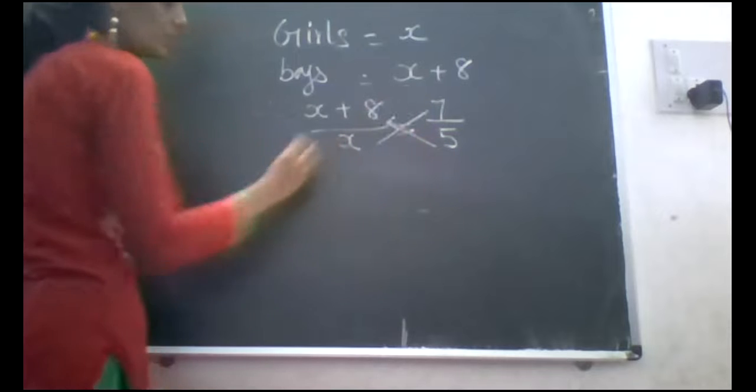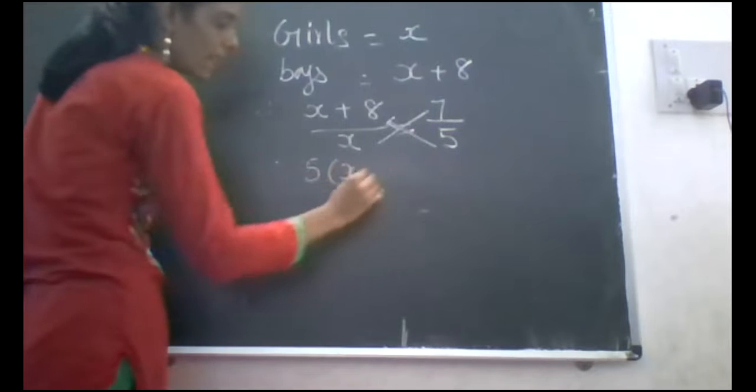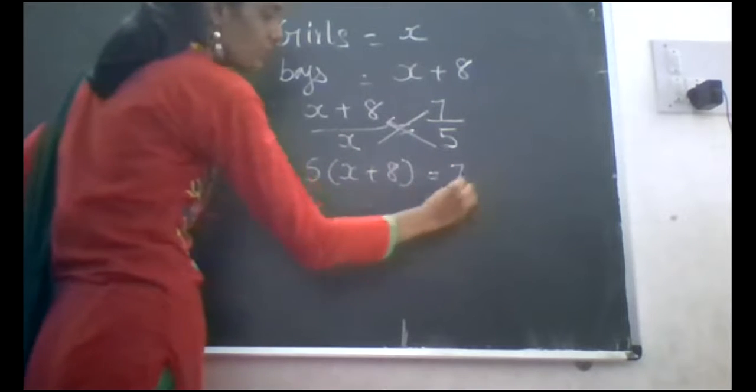So 5 into x plus 8 is equal to 7 into x.